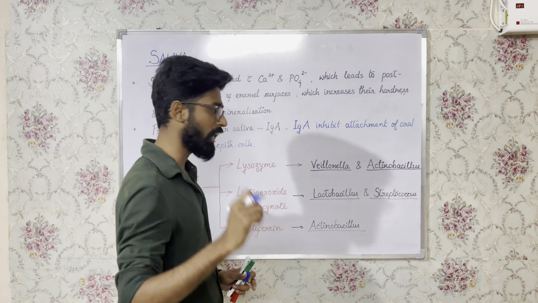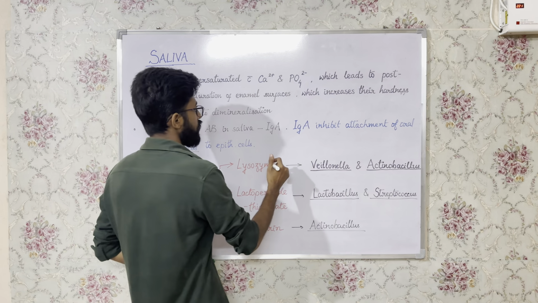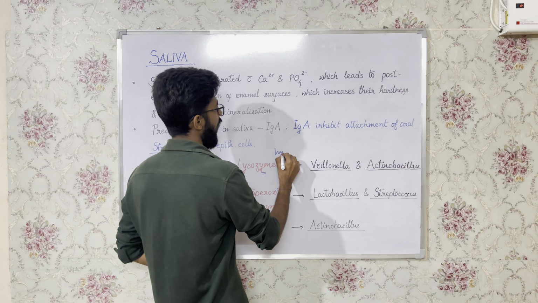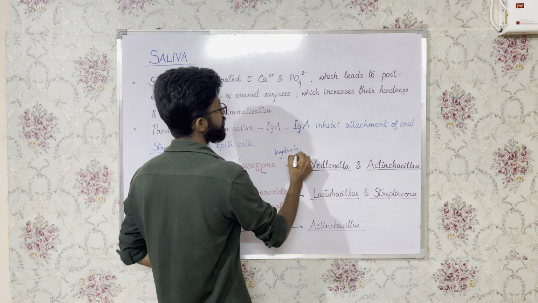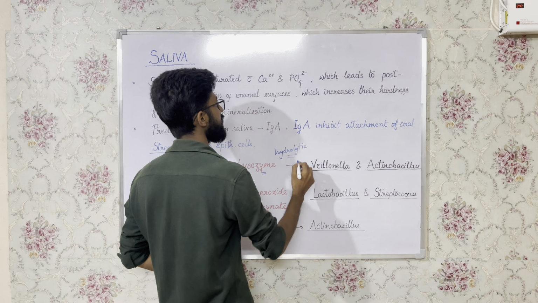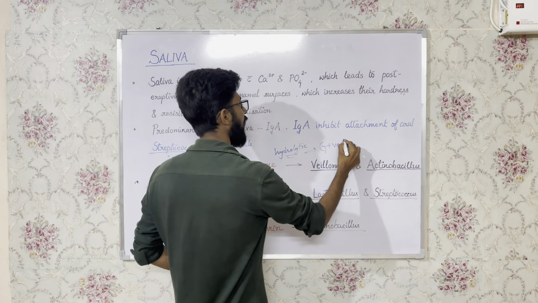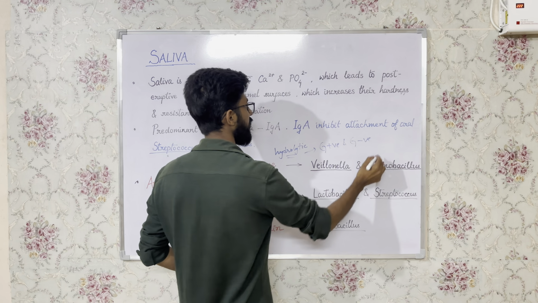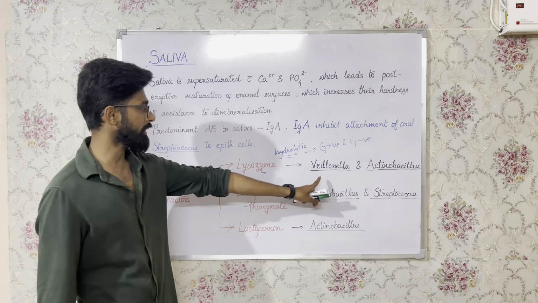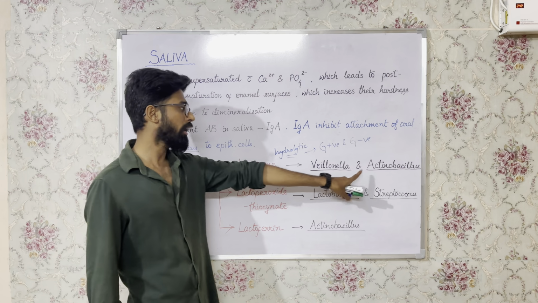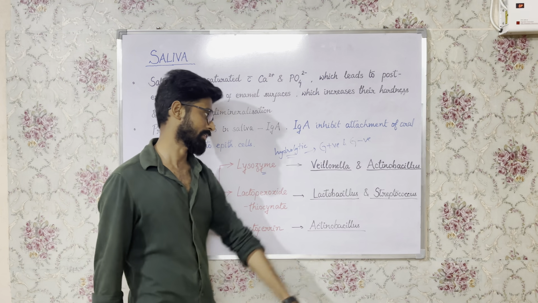Gram-positive, gram-negative, check in Google. So lysozyme is a hydrolytic enzyme which is effective against both gram-positive and gram-negative bacteria. Most commonly, they are effective against Veillonella and Actinobacillus.